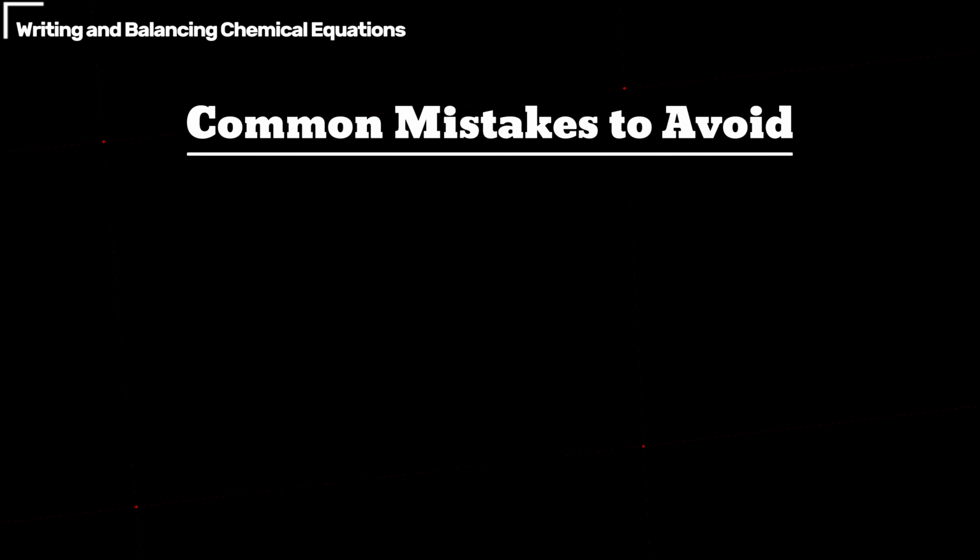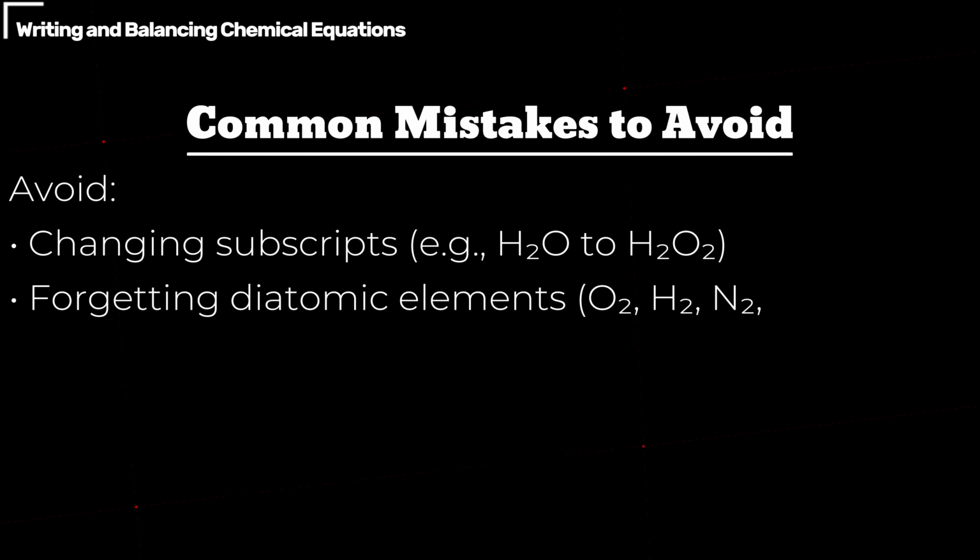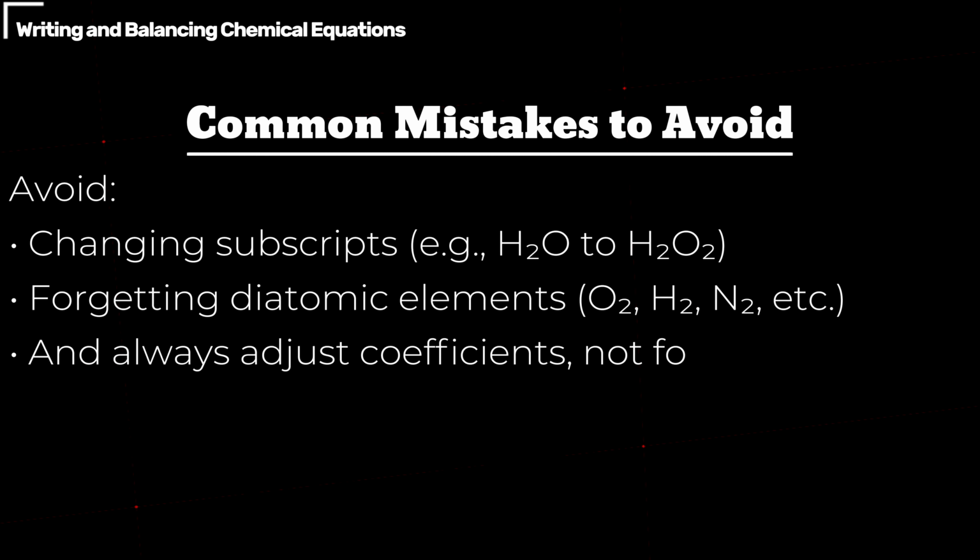There are common mistakes we should avoid when we are trying to balance an equation. Don't change the subscripts. For example, H2O. In order to balance the oxygen, if you add another 2 behind the oxygen, you have already changed the water molecule to another compound entirely, which you call hydrogen peroxide. So that will not be right.